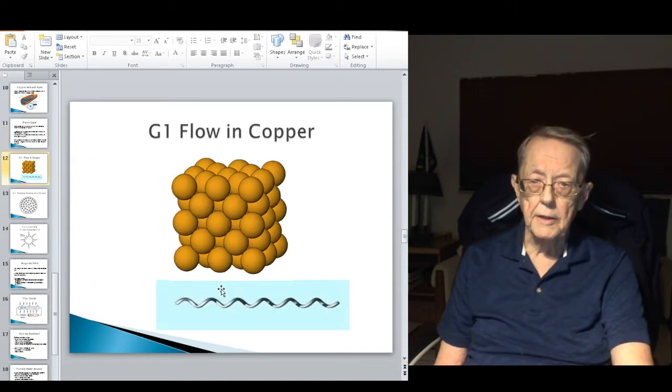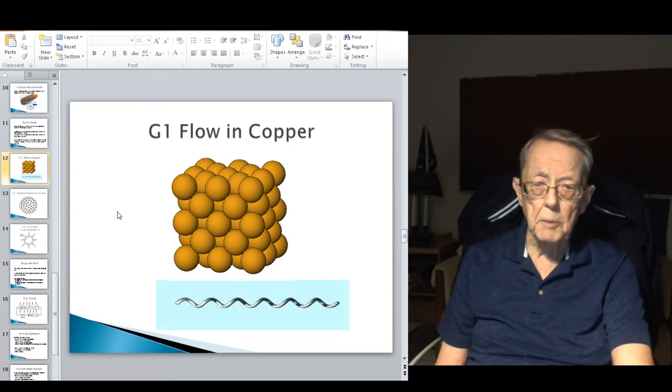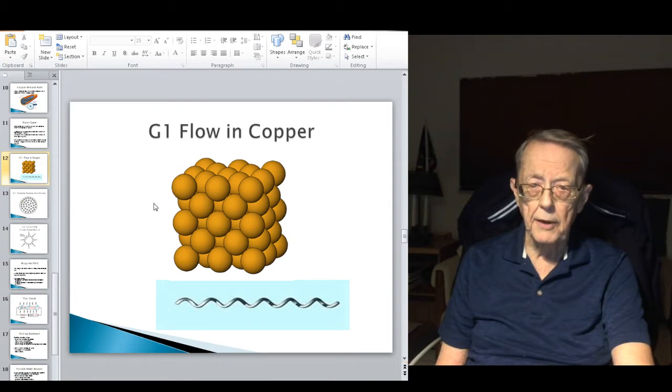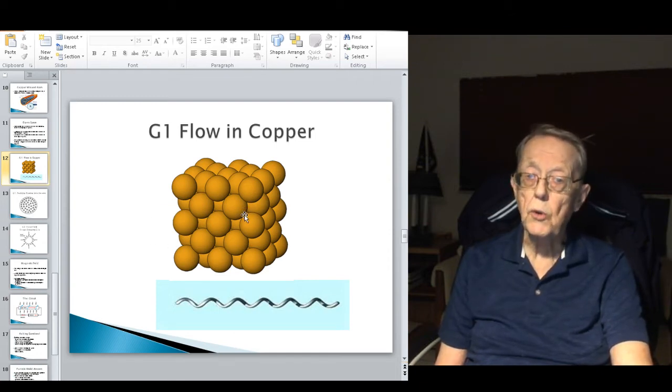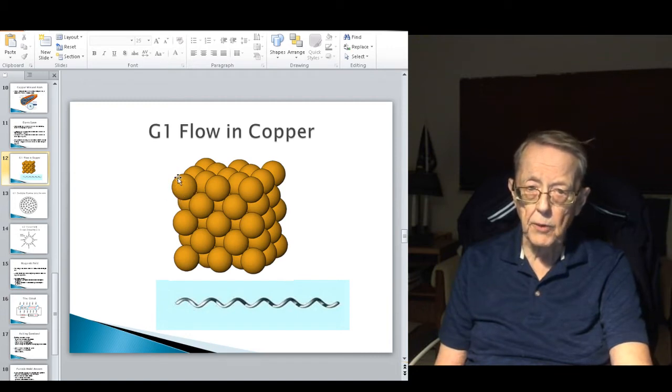Okay, so let's look at the more organized structure of the copper. And I'm going to look at the G1 flow in this copper as if, for example, the G1 particles are coming from the left, like by the arrow I'm showing, and it comes here. Well, inside here is this G2 force field holding these atoms together, and that's G2 gravity, okay? G2 gravity is holding G1 orbitals in orbit around each atom.